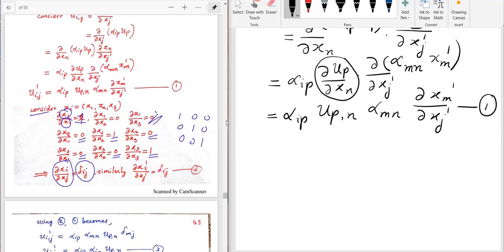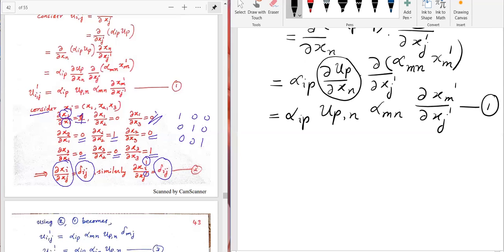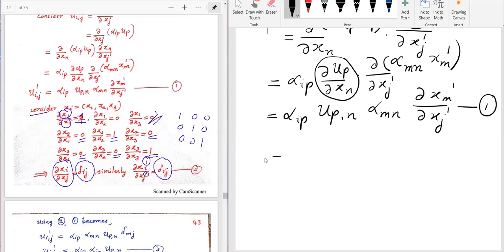Similarly, that is with the old coordinates. If we take the primes, it is the new coordinates. So dou xi dash by dou xj dash is nothing but again delta ij. So what do we do now? We'll put it here. That is equal to, we have two alphas, alpha ip, alpha mn. This whole thing is nothing but delta ij, so u p comma n.